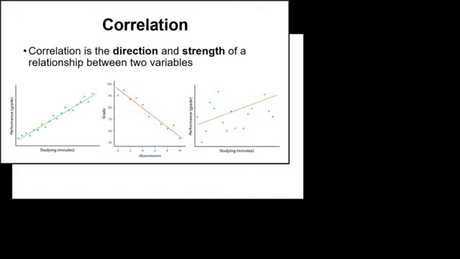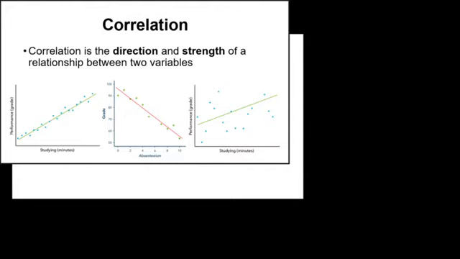When we typically talk about correlation, or in a minute a correlation coefficient, which is the actual number reported, we'll talk about it in terms of direction and strength of a relationship between those 2 variables.